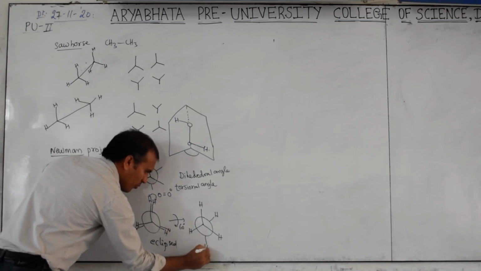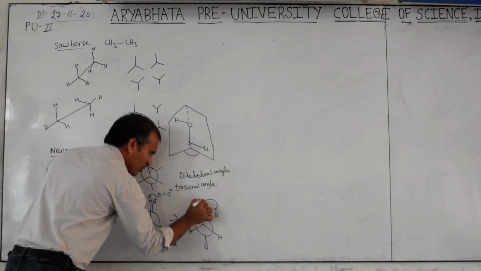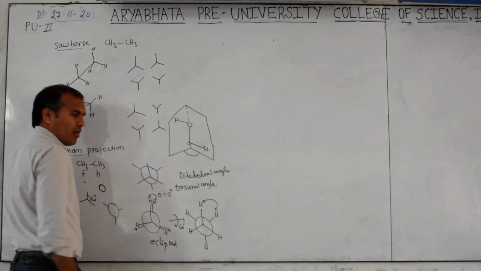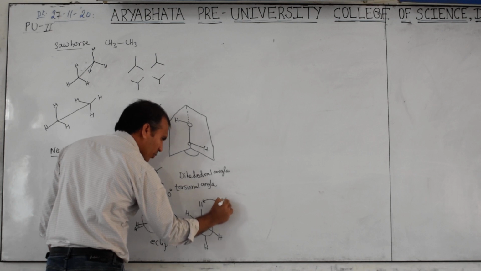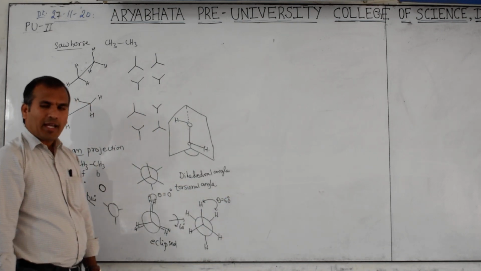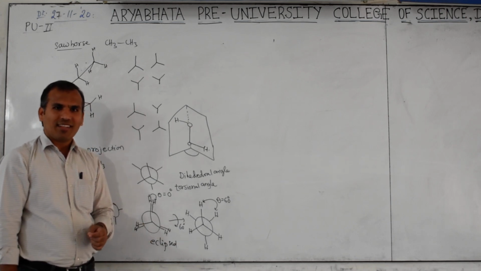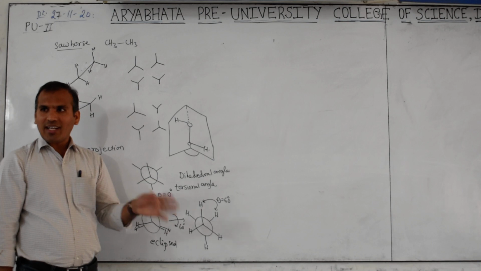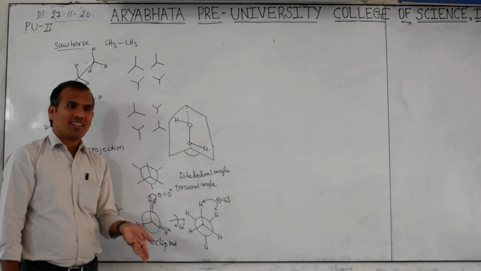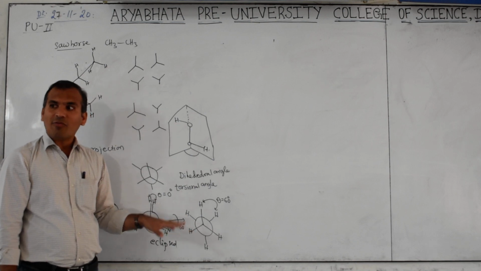So now this angle, dihedral or torsional angle. Then what is the angle here? 60 degrees. Which form is this? Eclipsed or staggered form? Then what is the angle now here? Then whatever you told, 180 degrees, 60 also is there. Therefore, in ethane this is possible. 60 degrees or 180 degrees.